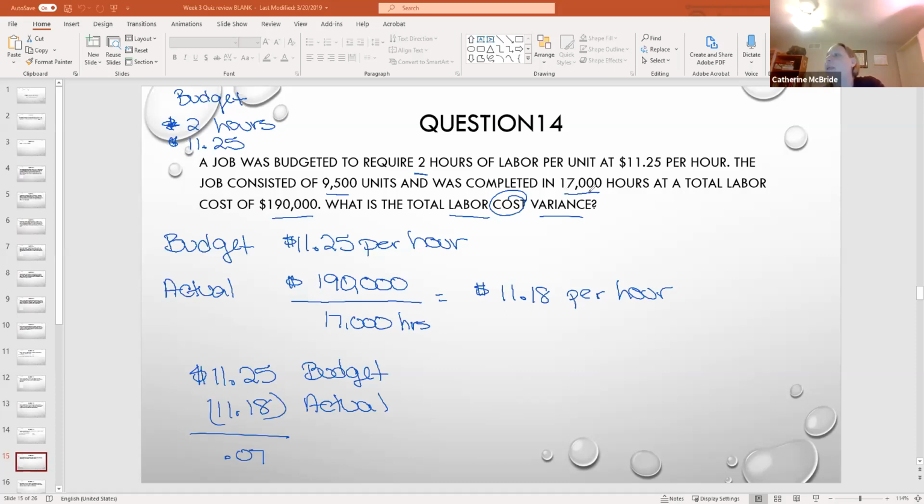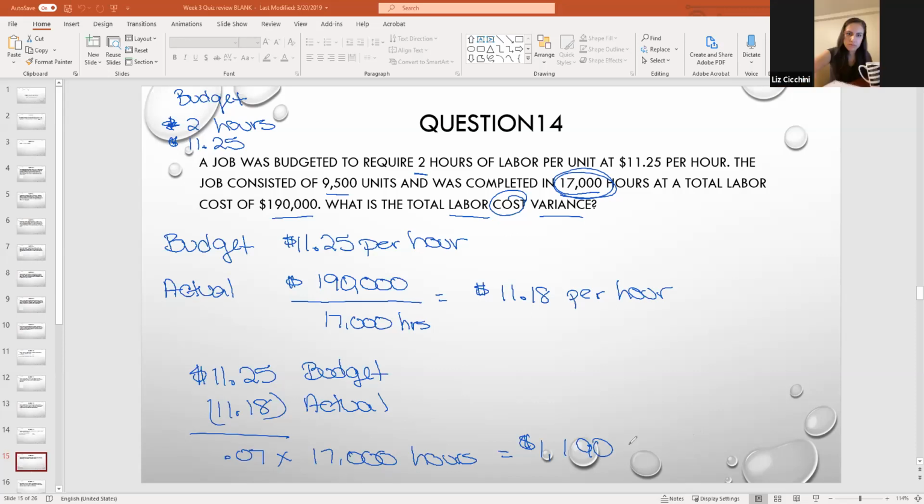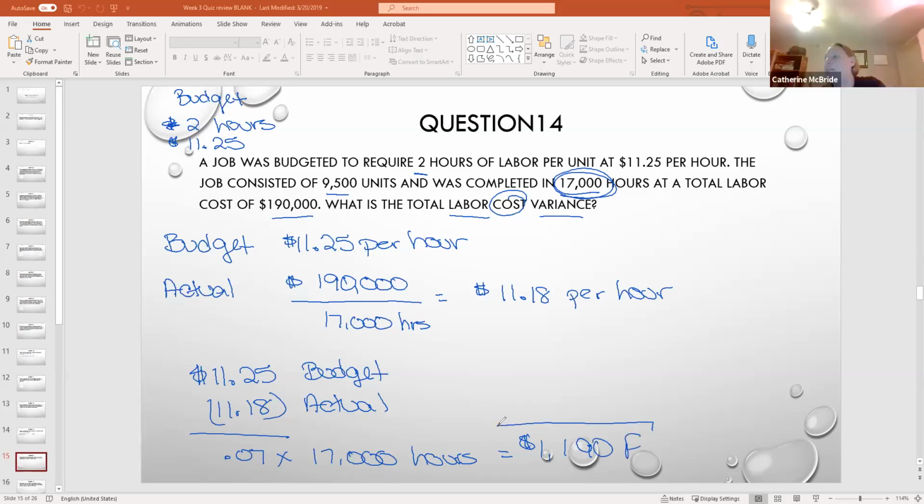Now, how many hours did we use? We used 17,000 hours. So our total variance was $1,190. Is that favorable or unfavorable? It's favorable, because we planned to spend $11.25 per hour and we only spent $11.18.